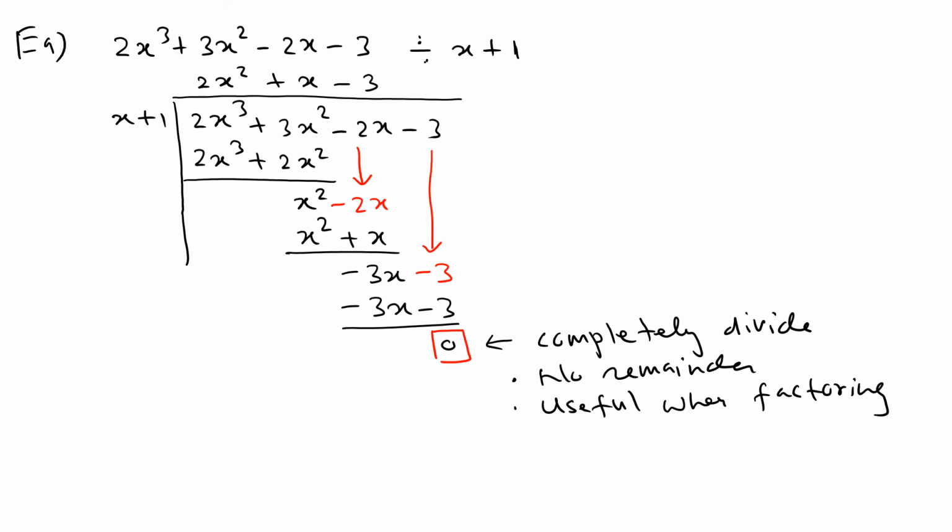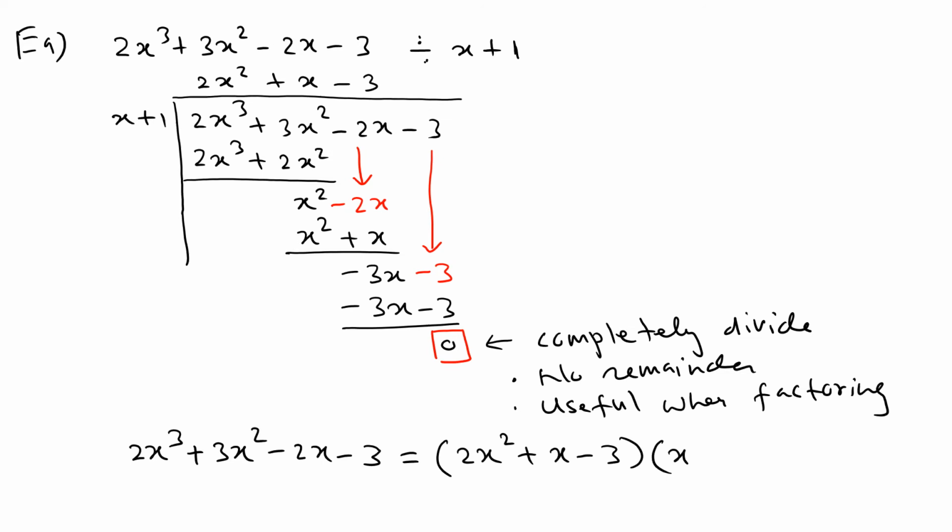Okay, good. So that means you can write the answer now as 2x cubed plus 3x squared minus 2x minus 3 equals the quotient, which is 2x squared plus x minus 3, times the divisor, and then no remainder.